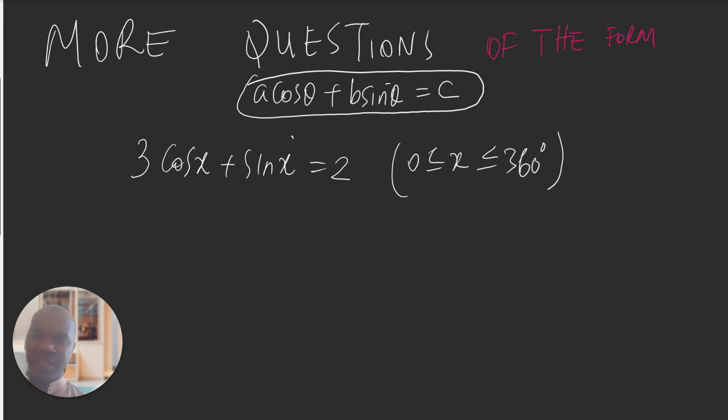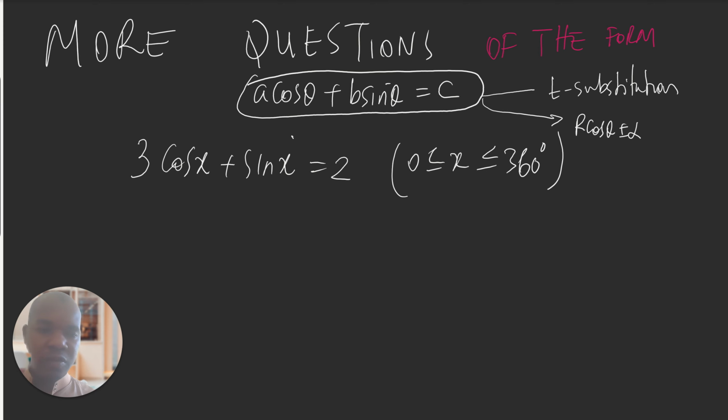In our last discussion, you remember that we said that for a question of this form, we either use the t substitution method, or you modify this equation to be in the form of r cosine theta plus or minus alpha equals c, or r sine theta plus or minus alpha equals c.